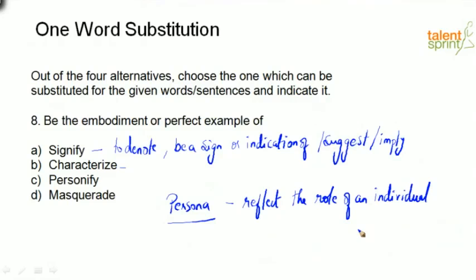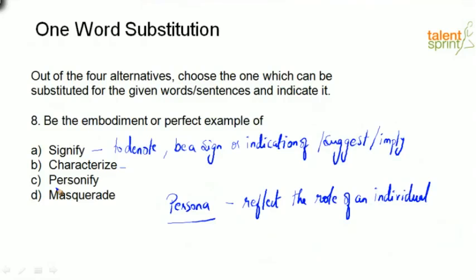So basically it's the aspect of someone's character that is presented to or perceived by others. You could say a public persona. So having said that, option C seems like our best bet, but let's look at masquerade.